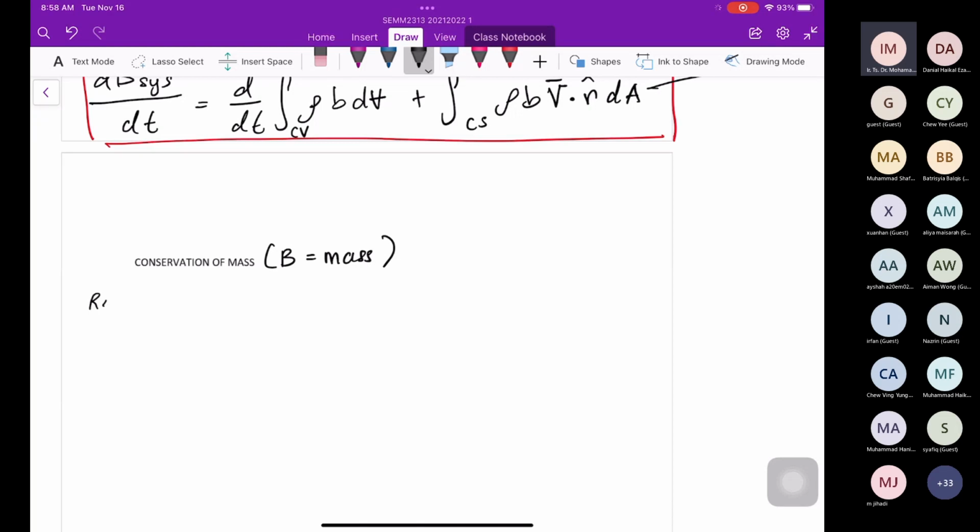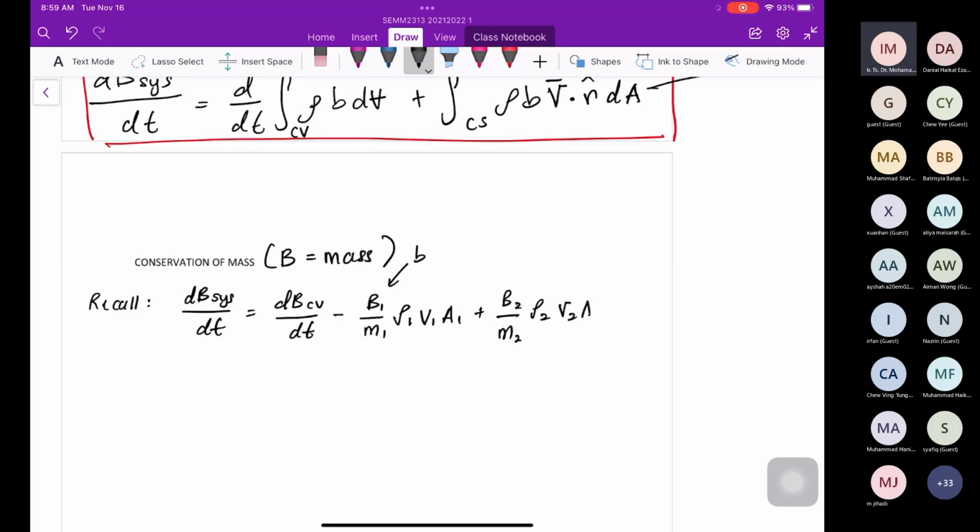So recall dB of the system over dt equals dB of the control volume over dt minus B1, that is M1, this is the small b, I change into capital B divided by mass, rho 1 V1 A1 plus B2 over mass 2, rho 2 V2 A2.